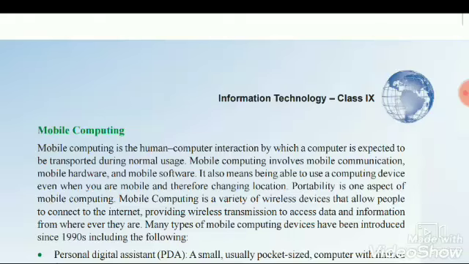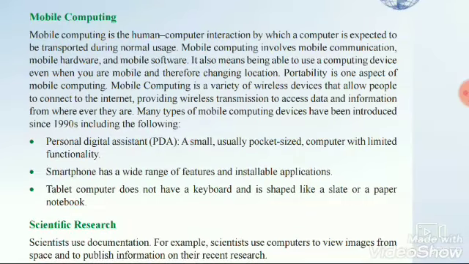So let's see what the mobile computing devices introduced from 1990 are. One is the digital assistant, the PDA, a small, usually pocket-sized computer with limited functionality. Then the smartphone, then the tablet computer. A tablet computer doesn't have a keyboard and is shaped like a slate or a paper notebook.